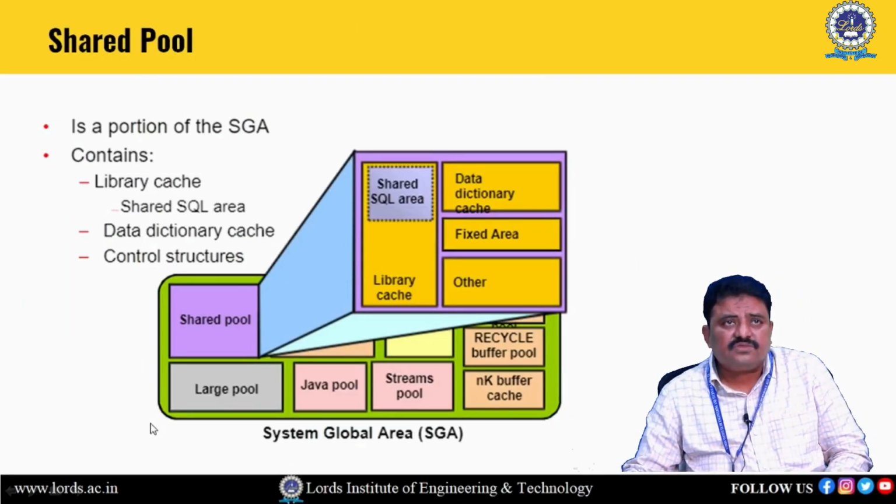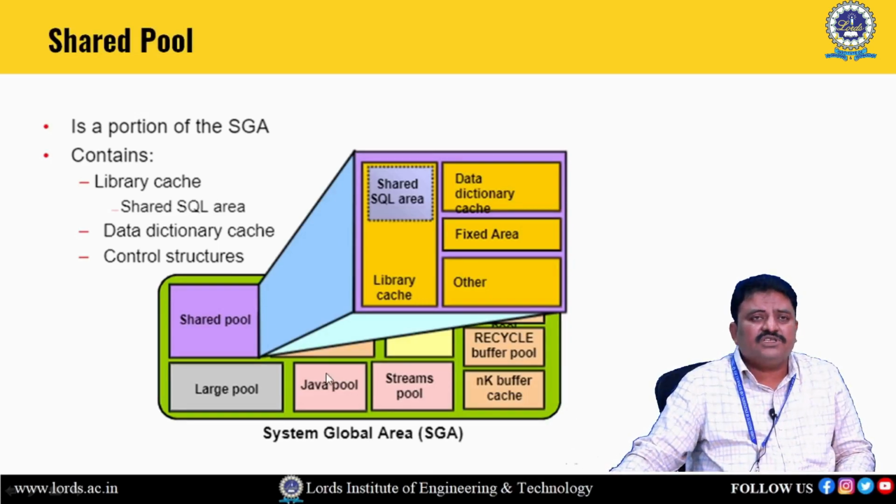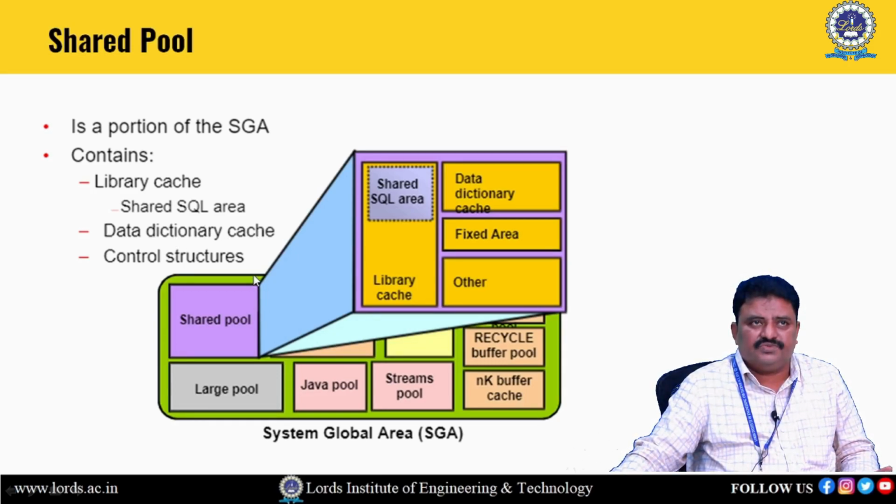Then, see, shared pool. What is there in the shared pool? As I told you, one part of the SGA is the shared pool, and the shared pool consists of your library cache, the data dictionary, and different types of objects which are part of Oracle, like views and indexes, which are common to all the users. They are stored in the data dictionary cache, and we have control structures which control all the information.